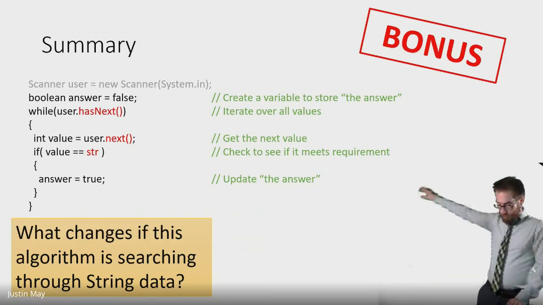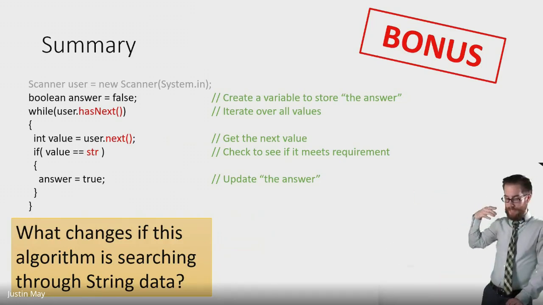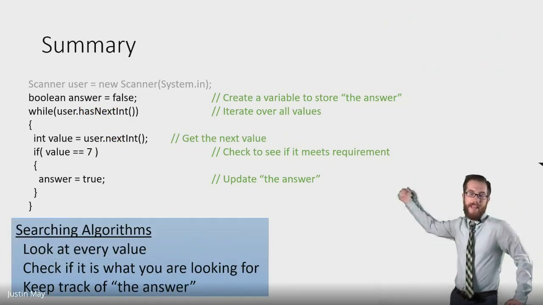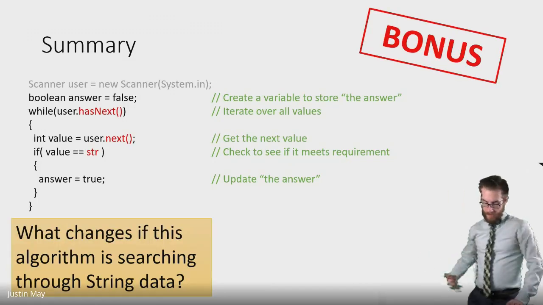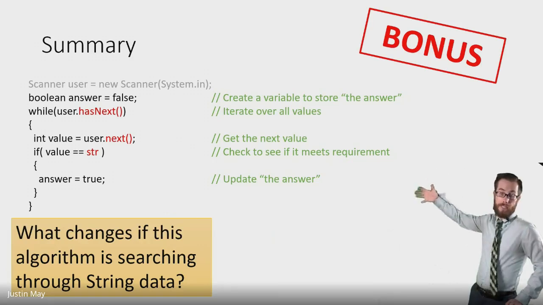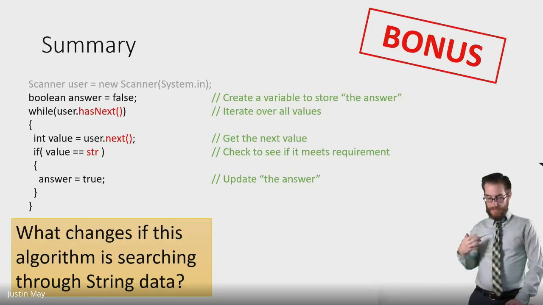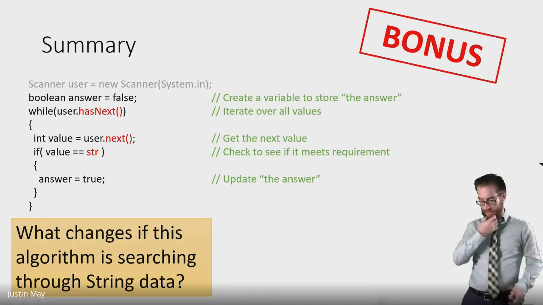So we have to make a couple of changes, right? Because all those scanner methods were specifically, if I go back, for ints. Has nextInt, nextInt, the user has to be typing ints. So we have to change those to be string scanner methods. So hasNext and next are the scanner methods that check to see if the user has typed a string and get the value of that string.